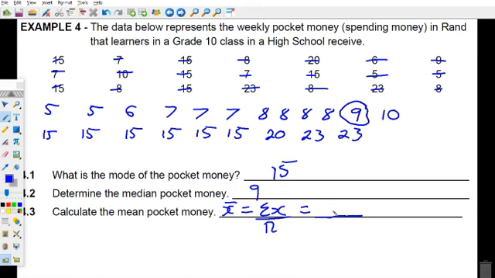Who's got numbers for me? What's the top number? Add them all together. So we say 5 plus 5 plus 6 plus 7 plus 7 plus 7, 8 plus 8 plus 8 plus 8 plus 9 plus 10. Who's got calculators? Come to me. 259, we've got.